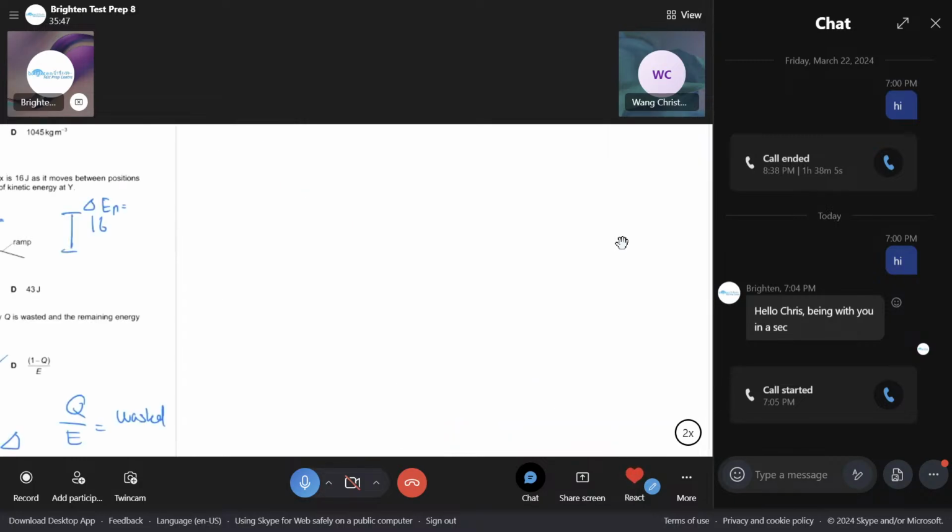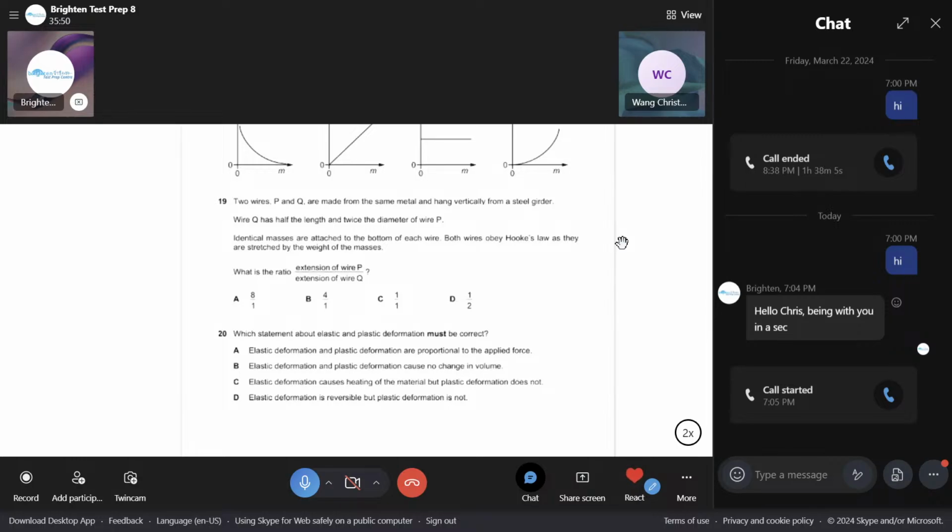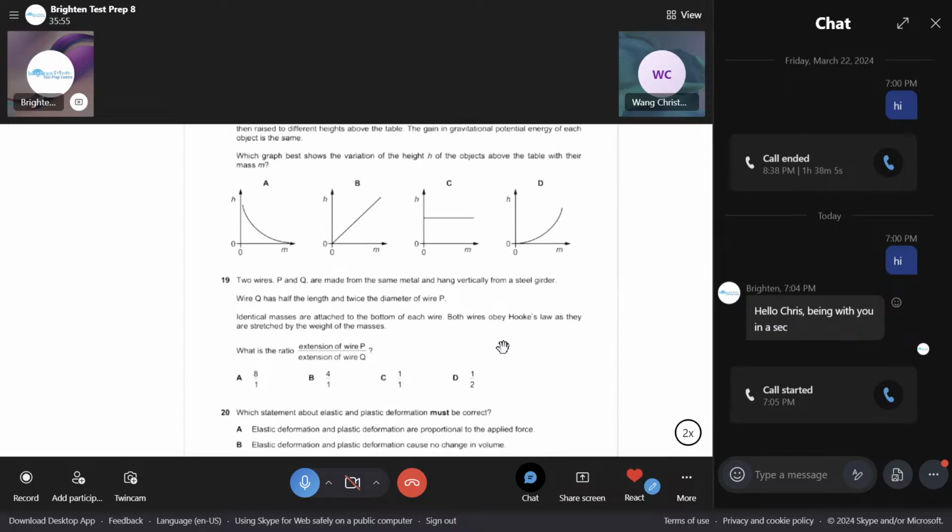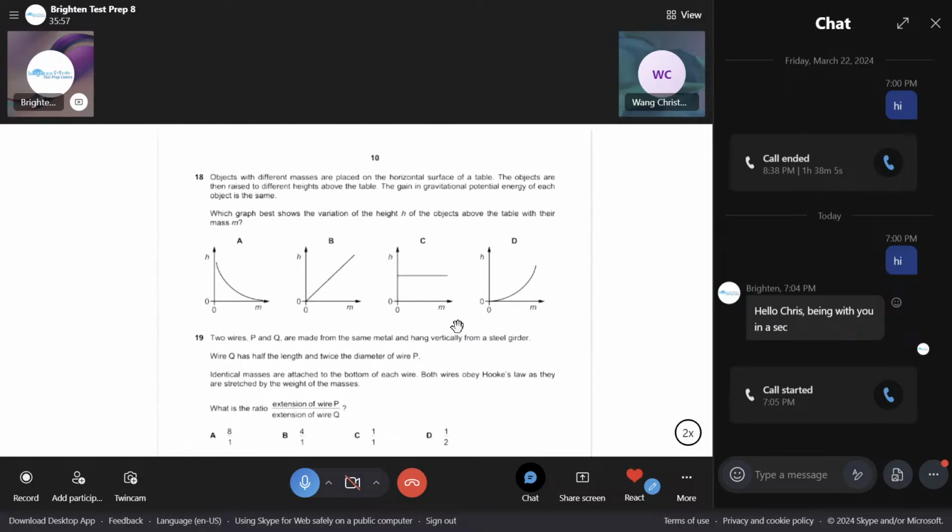so we have different masses, horizontal surface, then raised to different height, of course, gaining gravitational potential energy. Do you understand the question, Chris? Yeah.